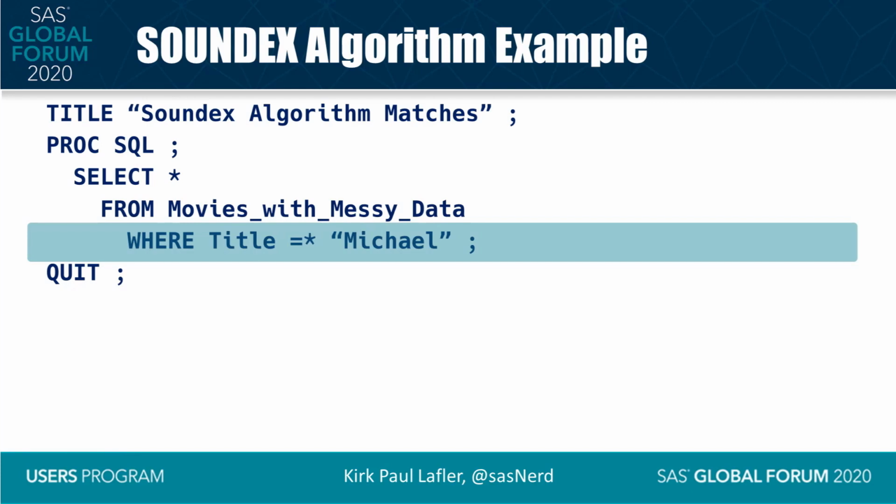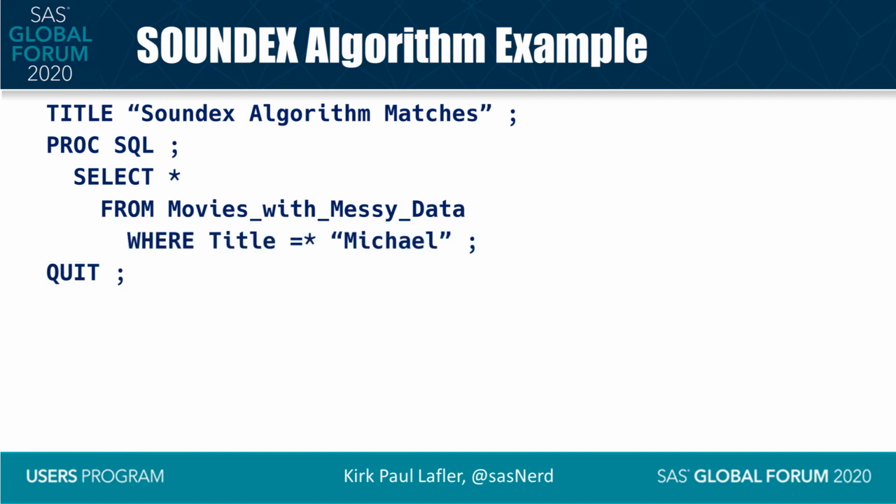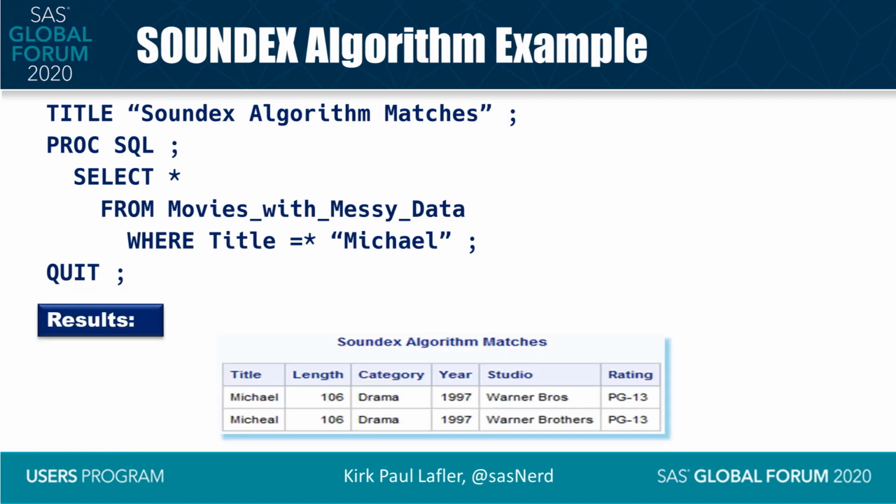It's going to derive the code behind the scenes and evaluate other titles that sound like Michael. The result is it's going to extract or display the movies with the titles Michael and Mikkel.